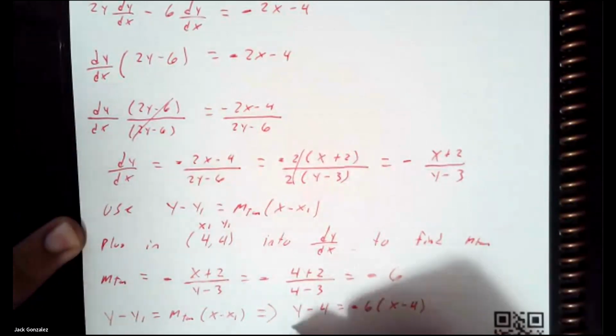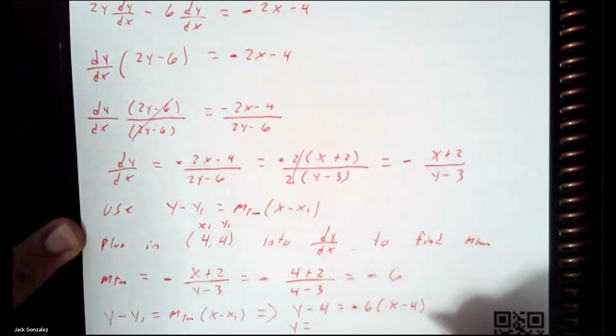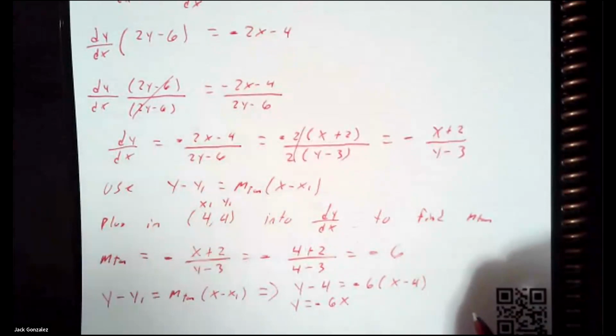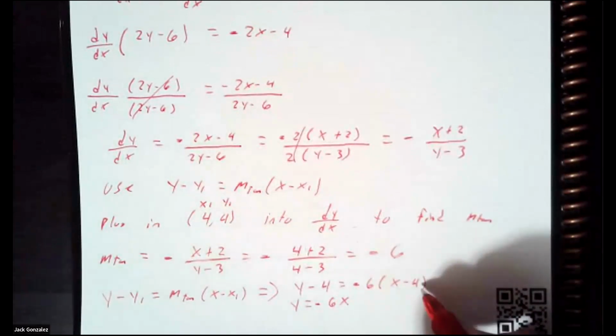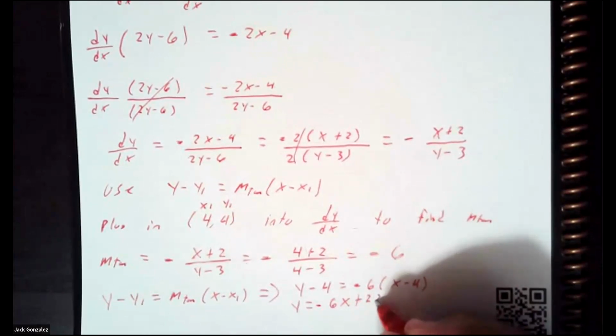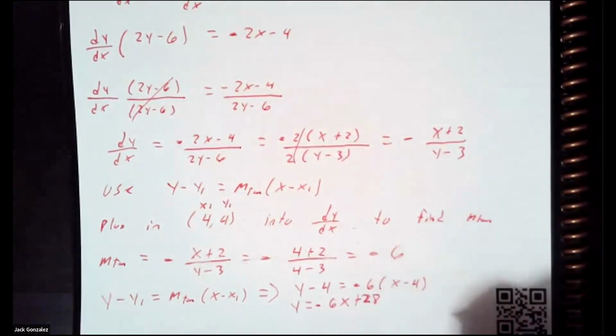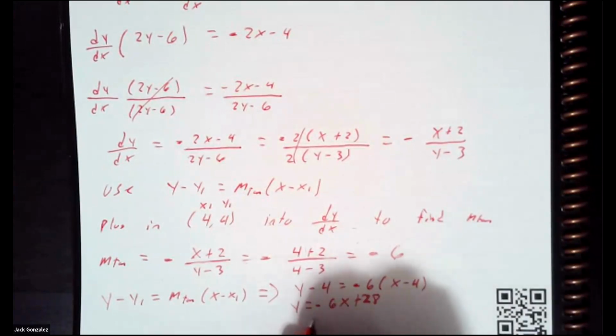So y will equal negative 6x, 6 times 4 is 24 plus 4. So this will be your equation of the tangent line: negative 6x plus 28.